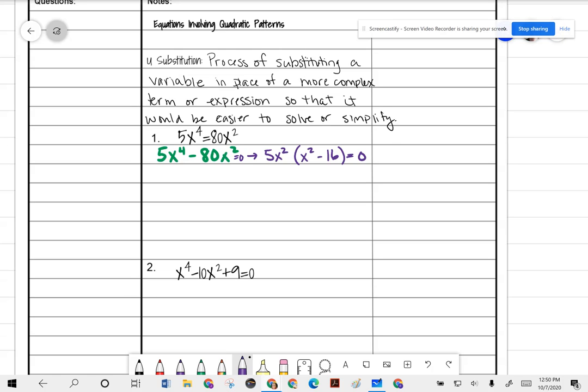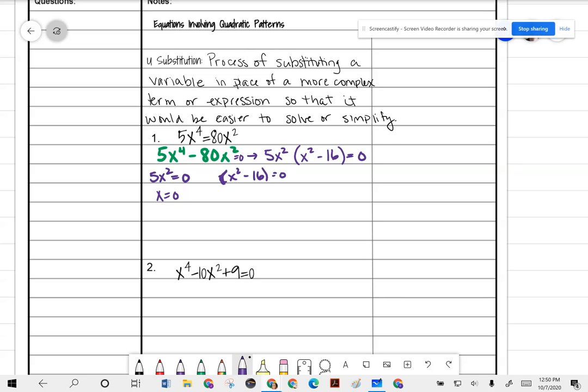All right, so now what we're going to do is take each factor and set it equal to 0. So 5x squared is equal to 0, and x squared minus 16 is equal to 0. Well, if we solve for this first term, if I divide by 5, I get 0, and if I take the square root, I get 0. So I end up getting x is equal to 0.